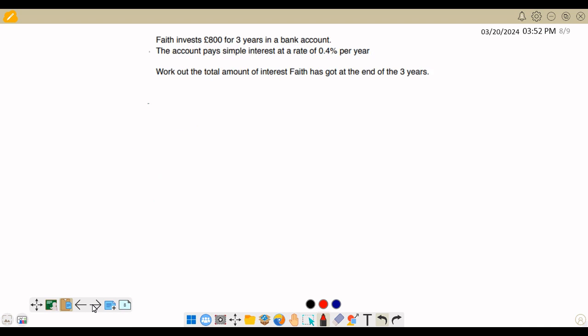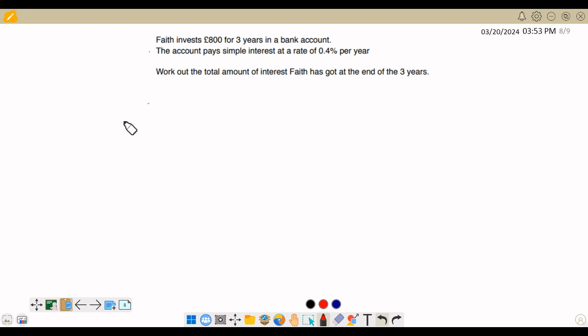Next question. Faith invests 800 pounds for 3 years in a bank. The account pays simple interest of 0.4% per year. Make sure that it is per year. What is the total interest that Faith got at the end of 3 years?